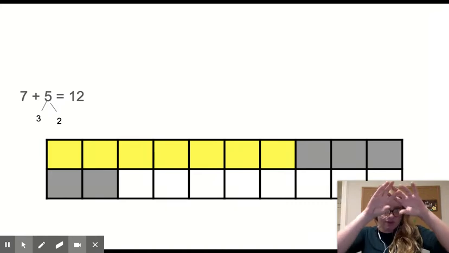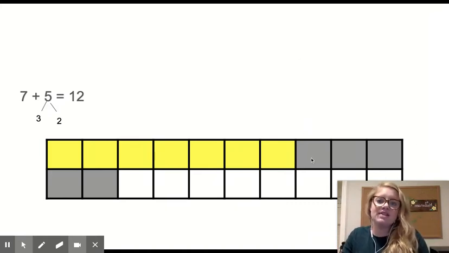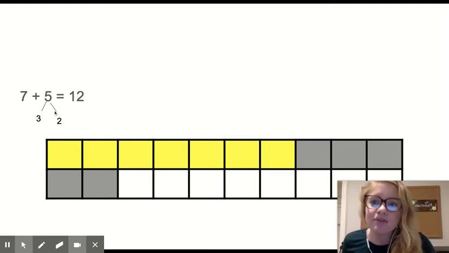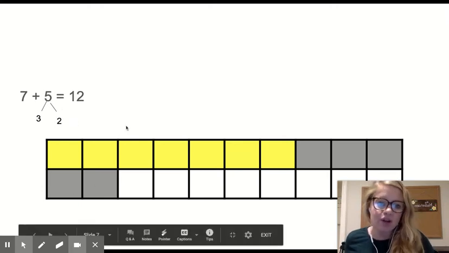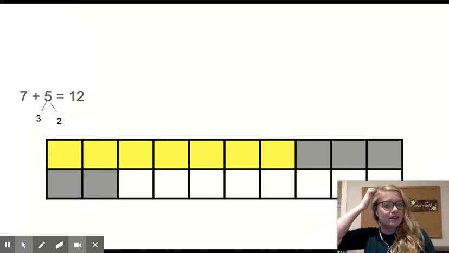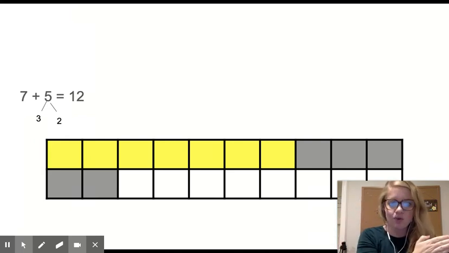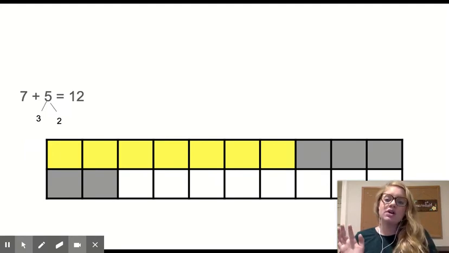We break the 5 apart, and we add the 3 to the 7 in order to make 10. Now we don't want to forget the 2 that we have left over. They just go down here. Then our answer is 12, because that whole first bar is taken up, and then we have 2 left over. So 10 and 2 is 12.